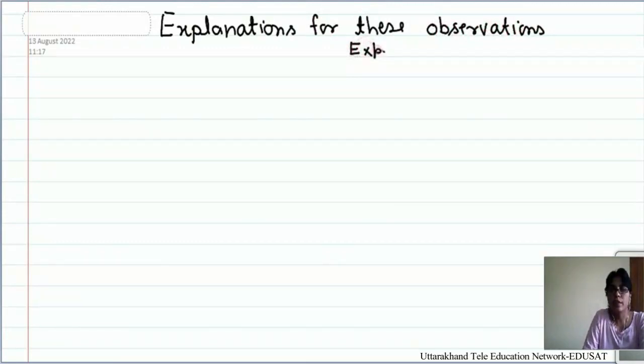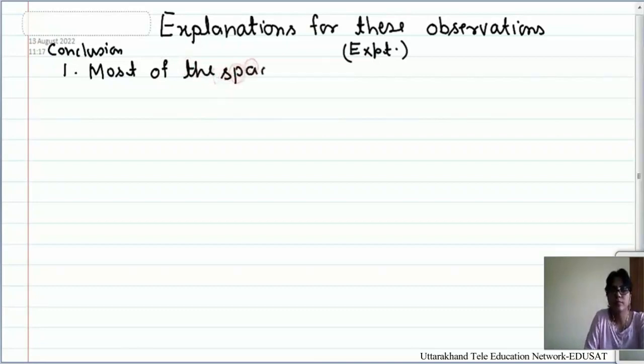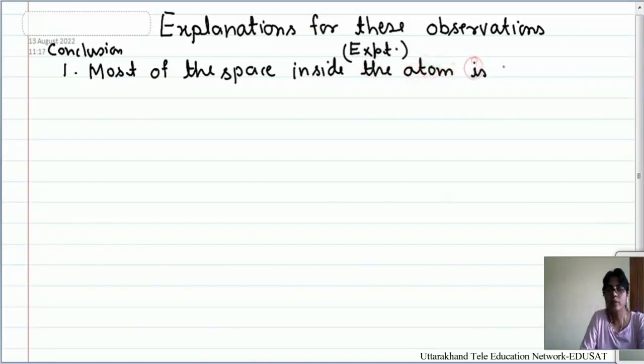You can write here the experimental observations. So the first point which was the conclusion, that most of the space inside the atom is empty. I have already written this in the previous page, but I am writing it again.